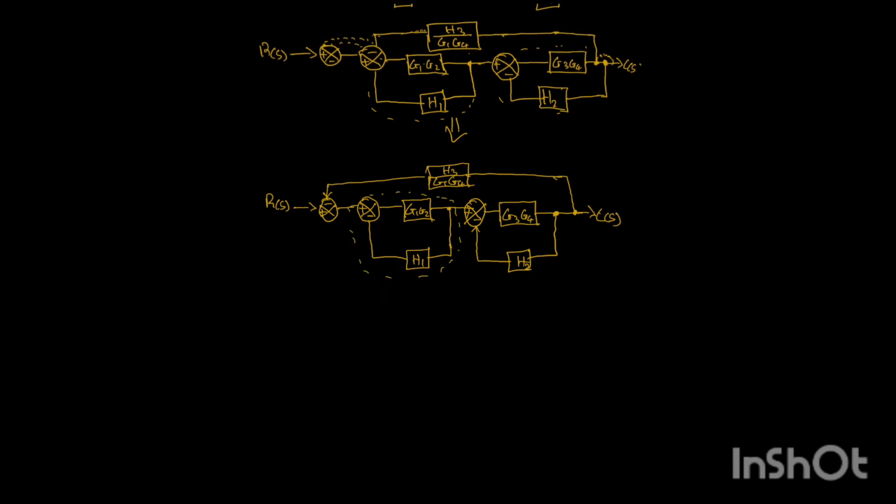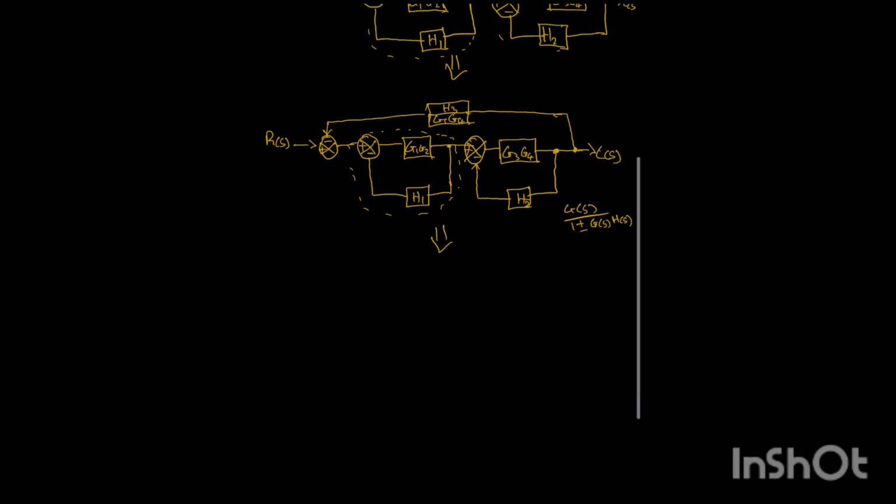So remember that applying this formula, the formula for a negative feedback is G of X all over 1 plus or minus G of X H of X. So we are going to use this formula to resolve this part now. So see what we do next. For the next, we have R of X, we have minus and we have plus.